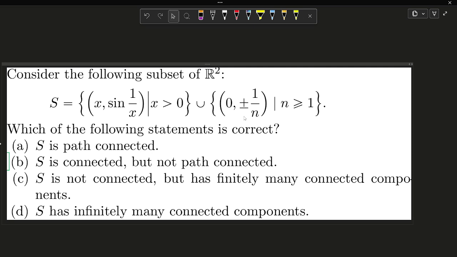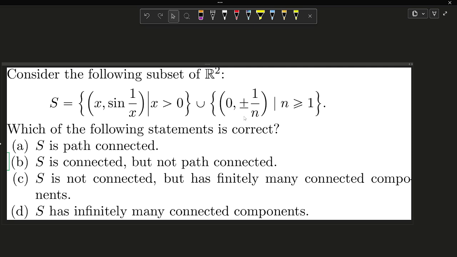So we have to find whether S is path connected, or S is connected but not path connected, or S is not connected but has finitely many connected components, and option D is telling us that S has infinitely many connected components.